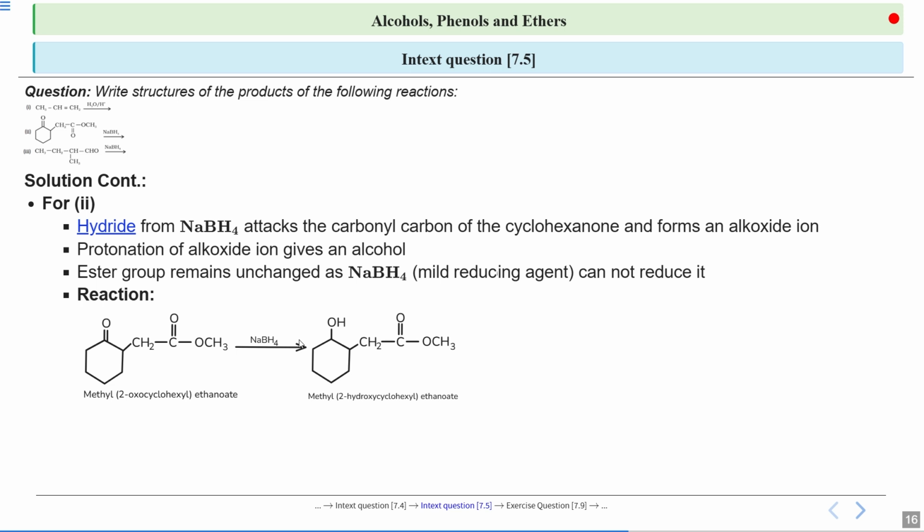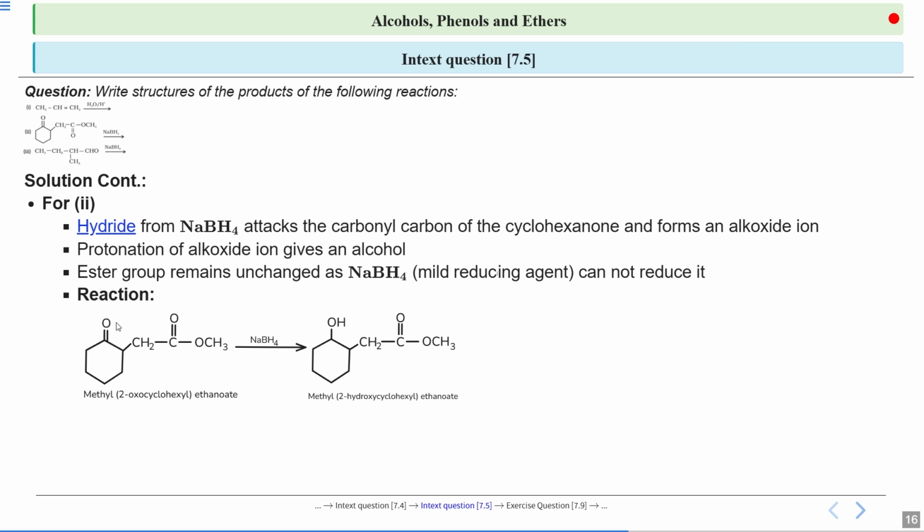And you see that in the carbonyl group, oxygen being more electronegative will withdraw the electron density over here. So this will be C double bond O, and oxygen, being more electronegative, will withdraw the electron density. So when your H minus attacks this carbon which is electron deficient, this double bond will break and the electron density will shift onto this oxygen.